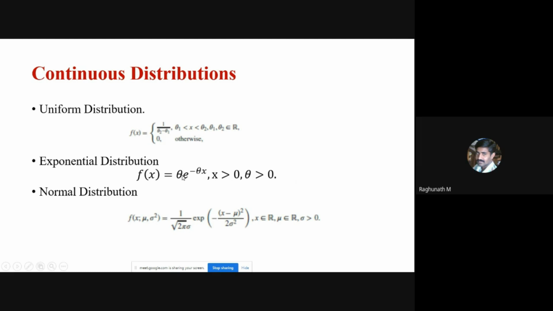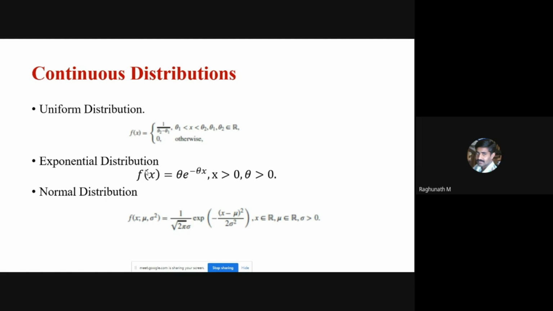In some books they write 1 by theta times e to the power of minus x by theta. You can write in any of the representations; I have chosen this one. Whenever we talk of a distribution, we always talk of the mean of the distribution. In the exponential case, the mean is going to be 1 by theta.